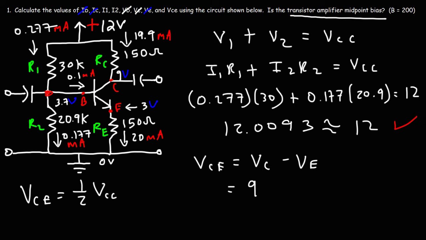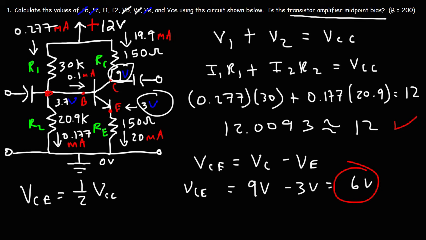So VC is 9 volts, as we can see here, and VE is approximately 3 volts. Keep in mind, VC is like 9.015, but for all practical purposes, it's close to 9. So VCE is very close to 6. So we could say that within reason, this particular circuit is midpoint bias.